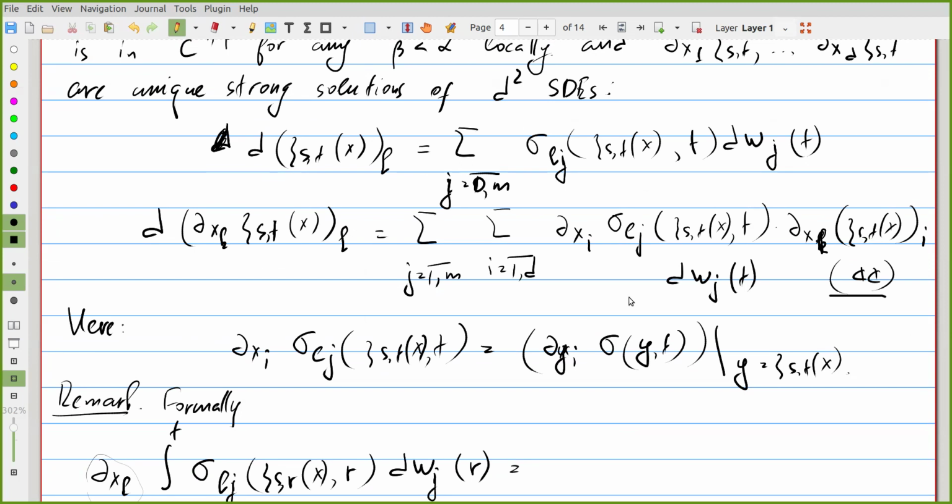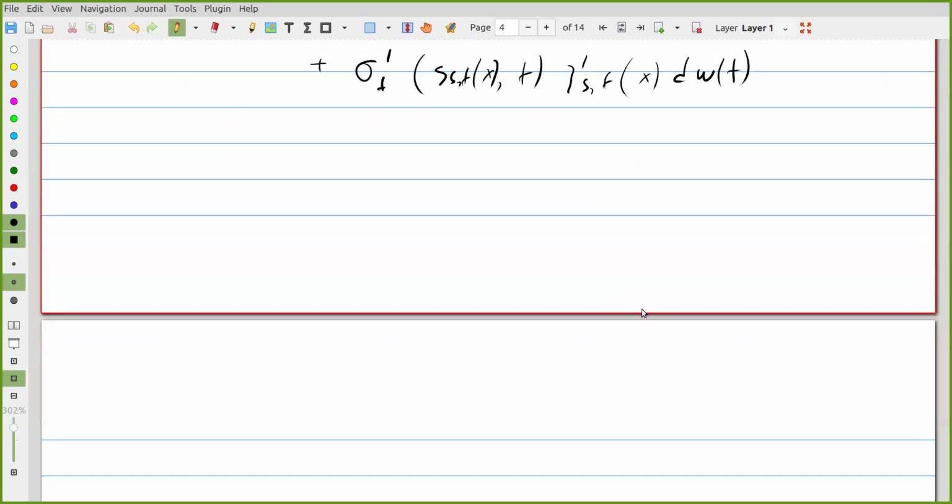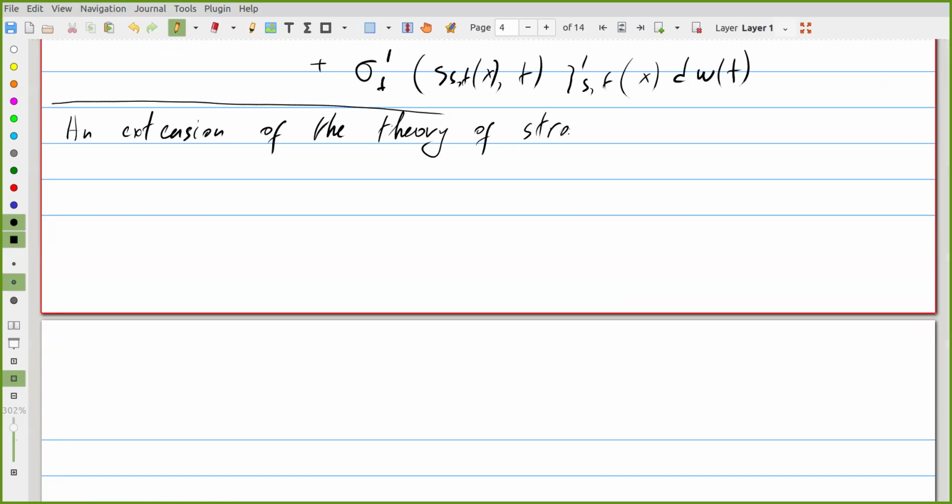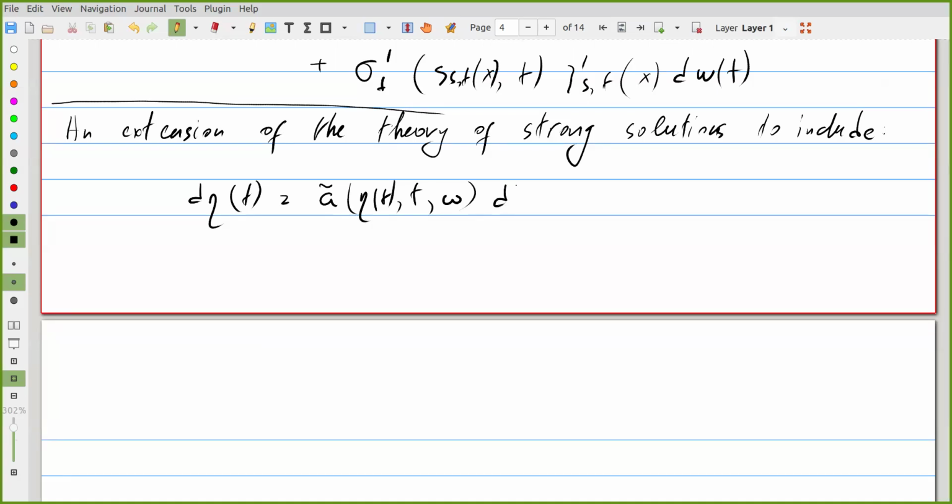But now these coefficients are random, in the sense that we have an extension of the theory of strong solutions to include the following: dX = b(X, t, ω) dt plus σ(X, t, ω) dW. Again, I am considering just the one-dimensional case.